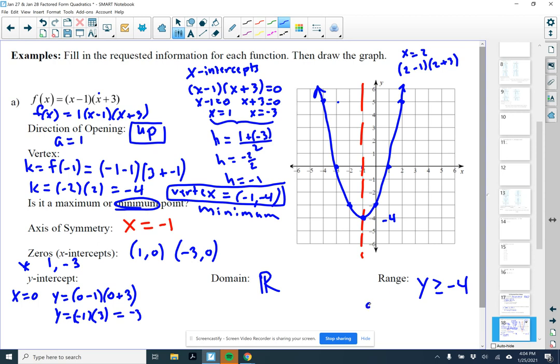I want you to be able to write it with interval notation as well. It would go -4 as the smallest y value. Positive infinity is where we go because it's going to go from -4 up forever. Right? The y values are going from -4 as a low to infinity because it's going to keep going up forever. And that is the first page of our notes.